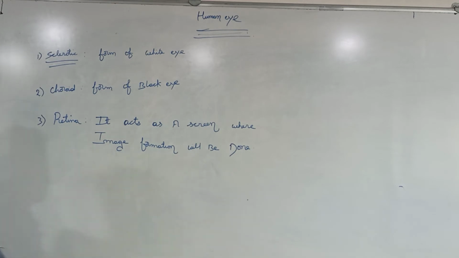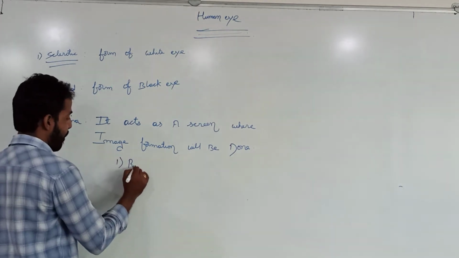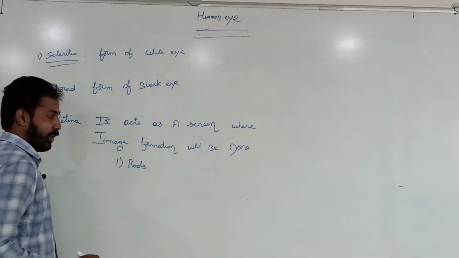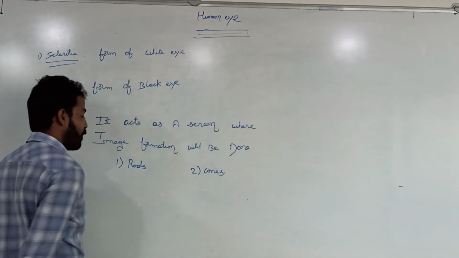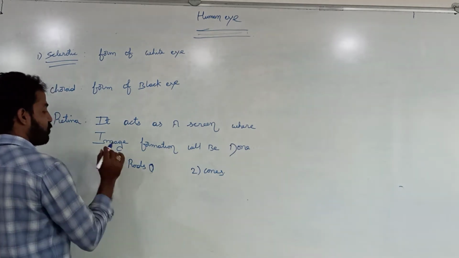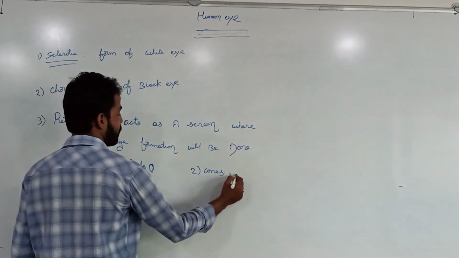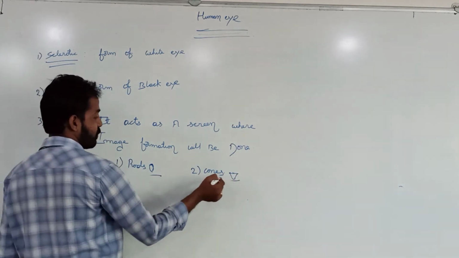It consists of two things: one is rods and the second one is cones. Rods are basically like this structure and cones are like this structure.